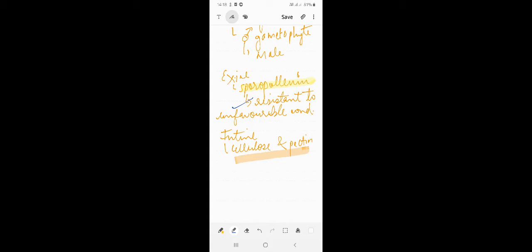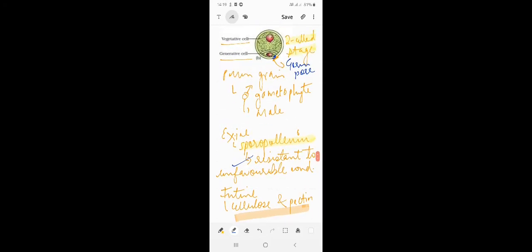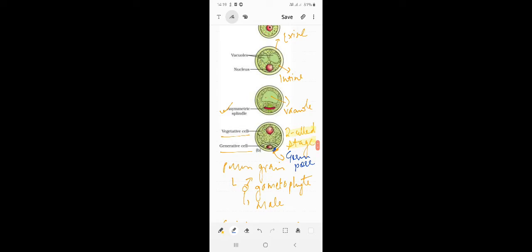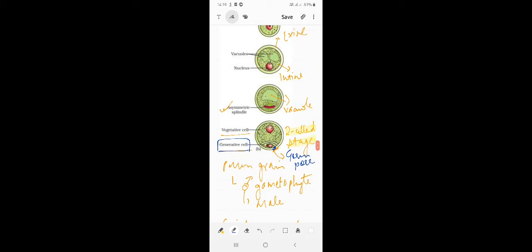And intine is made up of cellulose and pectin. With the various divisions, with the formation of asymmetrical spindles and vacuole, the pollen grain divides into the two cell stage, vegetative and generative. And at the generative cell we have one aperture, known as a germ pore, where the exine is absent. So this is known as a two cell stage.